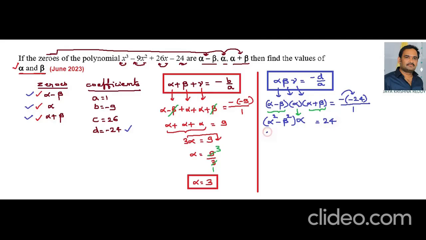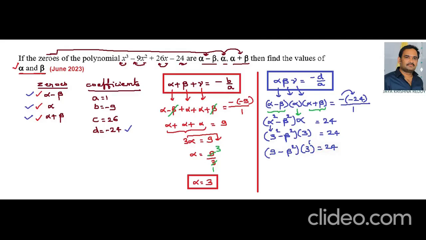Here we can substitute the value of alpha, that is 3. So 3 square minus beta square into alpha value, again 3, equals 24. So 3 square means 3 into 3, it is 9, minus beta square into 3 equals 24.